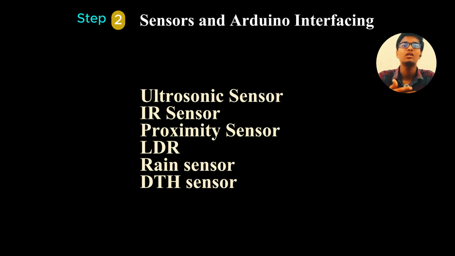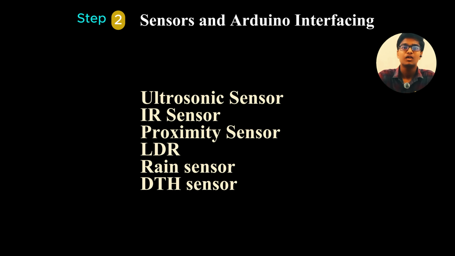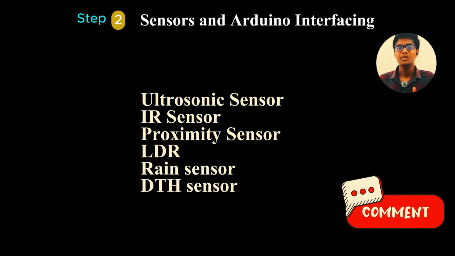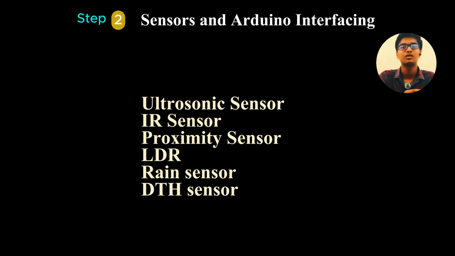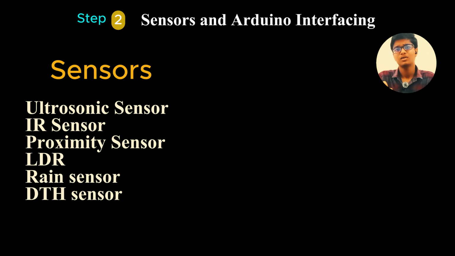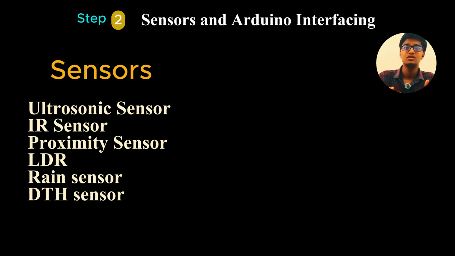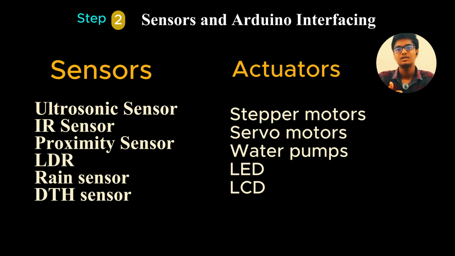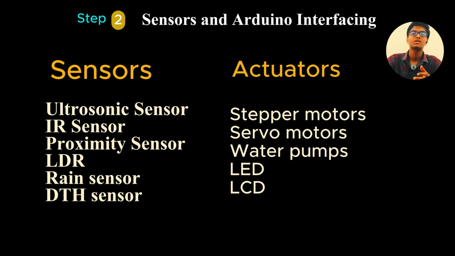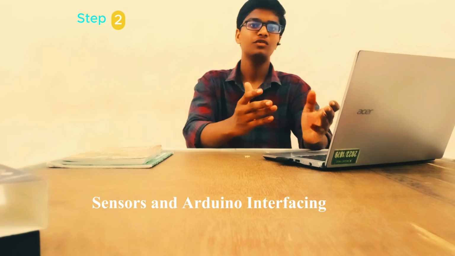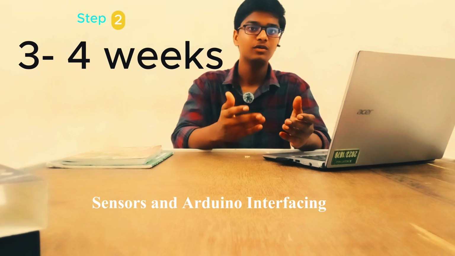So I'm not going through all those concepts, but if you want me to, please comment below and I will review it and do another video. And about actuators, you can also play with stepper motors, servo motors, water pumps, etc. And don't forget to use LEDs. You might need to invest 3 to 4 weeks of your time to complete this.